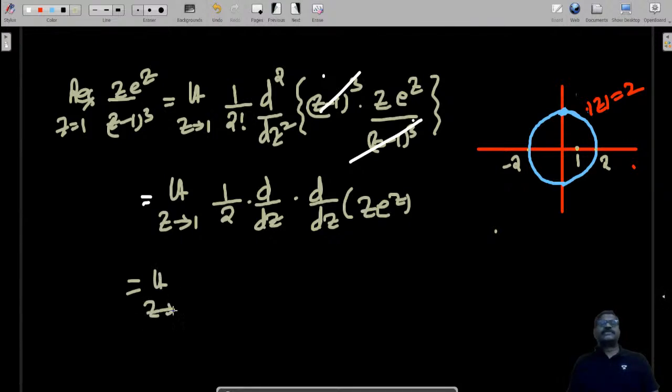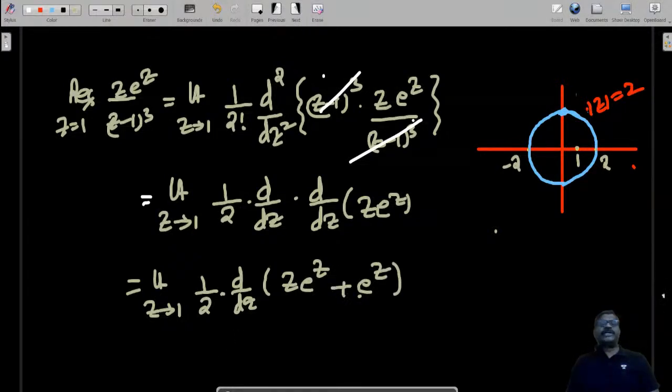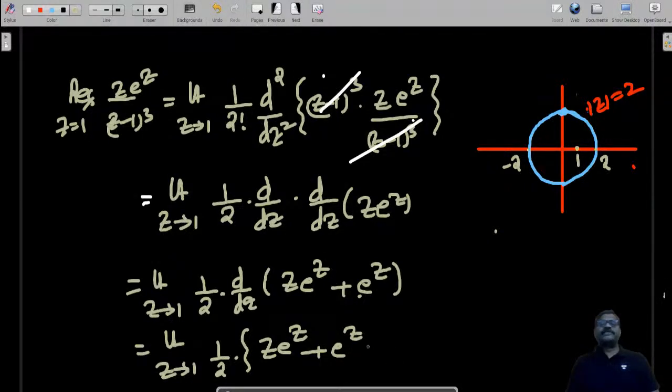Differentiation of z e power z is z e power z plus e power z, and differentiating again gives z e power z plus e power z plus e power z.